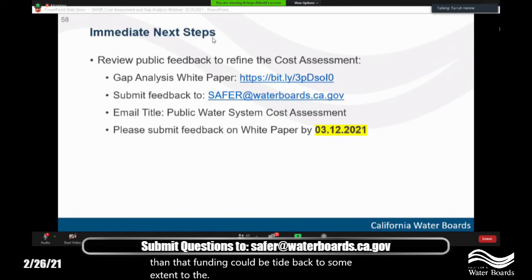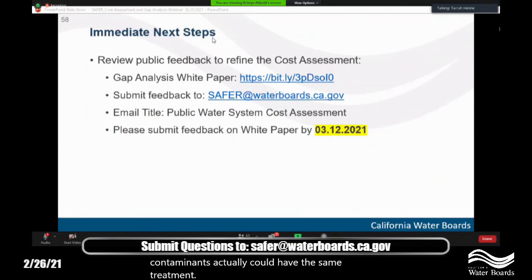It's more complicated in my view for the state smalls and the domestic wells because that's just modeled water quality. So it's not at this point validated by actual water quality testing. And it also becomes a little more complicated because in those cases, we can have multiple contaminants, and some of the multiple contaminants actually could have the same treatment technology.